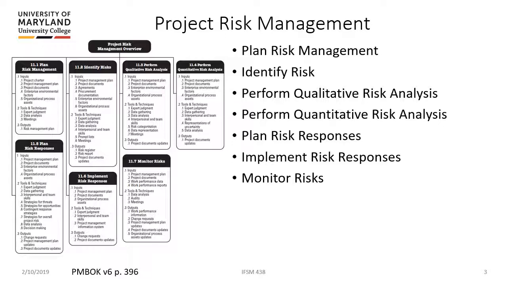What is the cost of that risk, and how much is it going to cost to mitigate it? That's the quantitative part. Then we're going to plan what we're going to do. There's several different risk response measures we can use. Then we're going to actually implement those, and then as the project progresses, we're going to monitor risk and see how any of that changes.